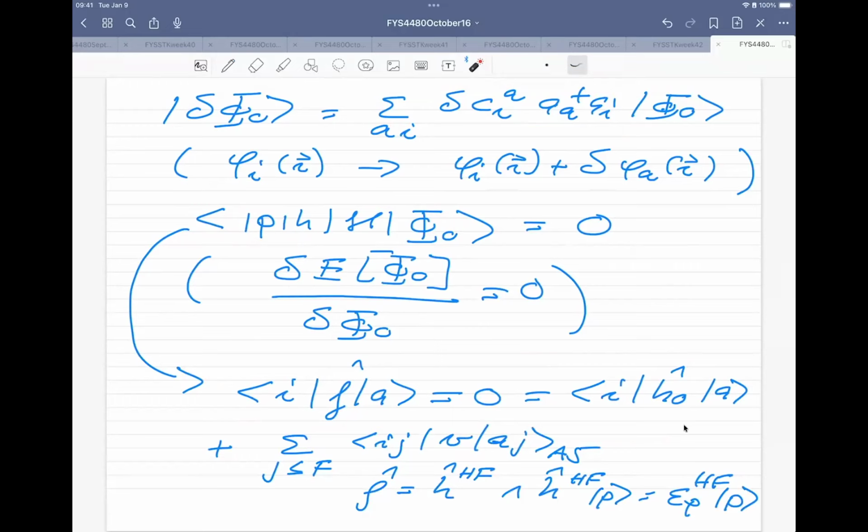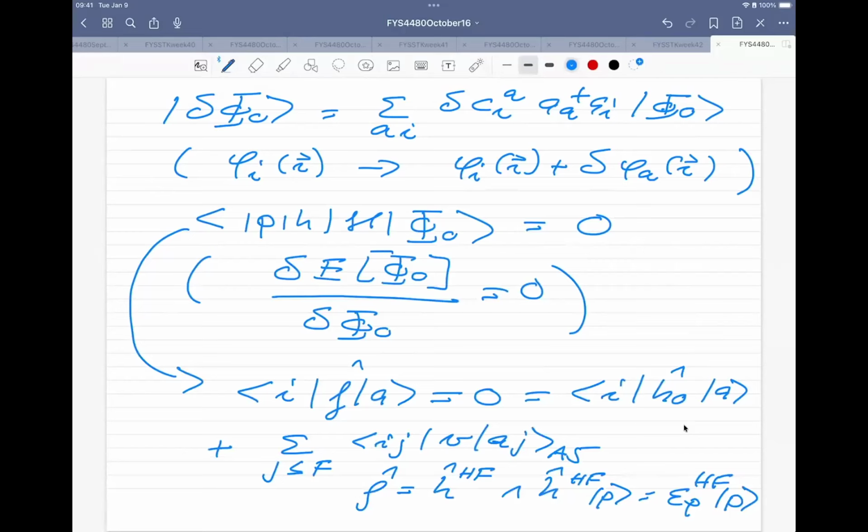Now, what is density functional theory then? Density functional theory is actually a variation of the energy as a function of the density. So we are assuming now that there is a functional of the density which we can use to find the ground state of a system.